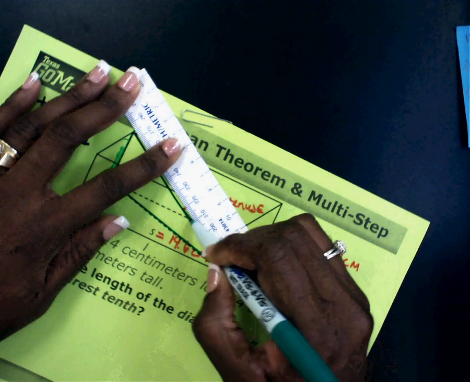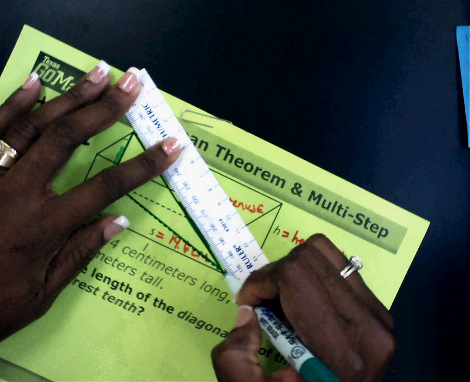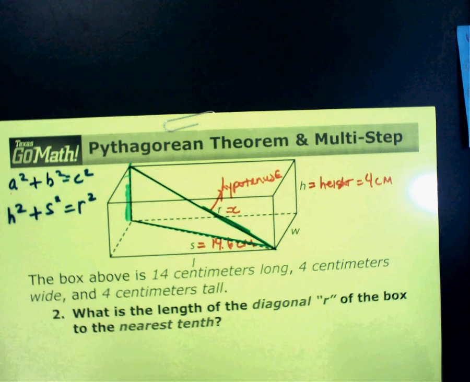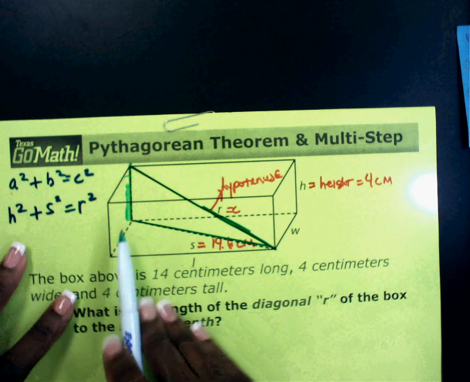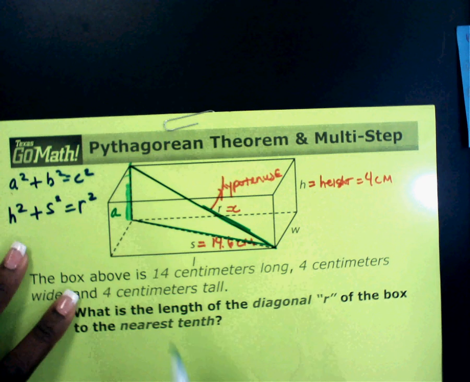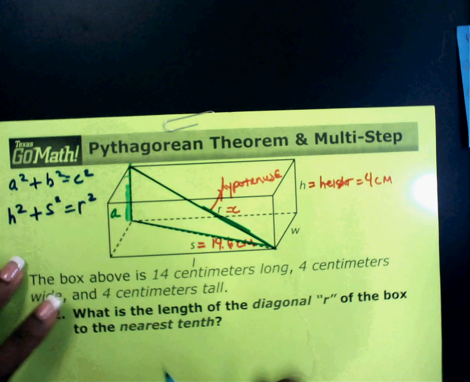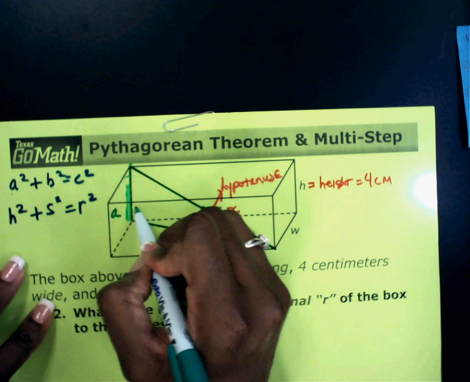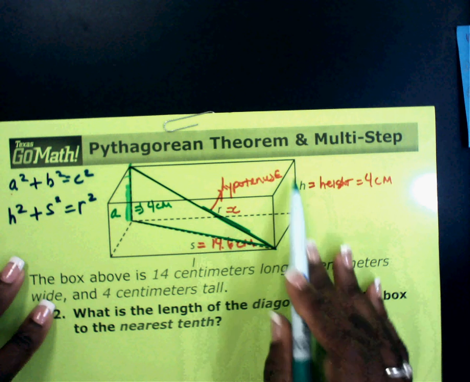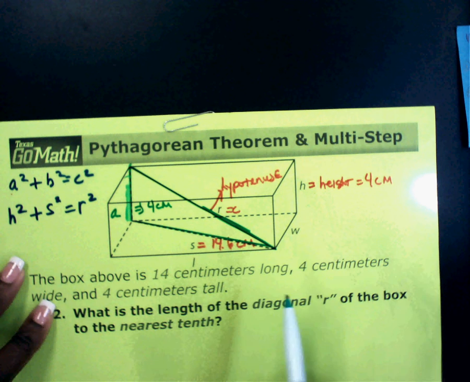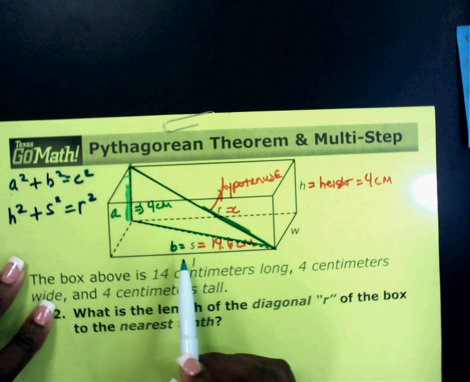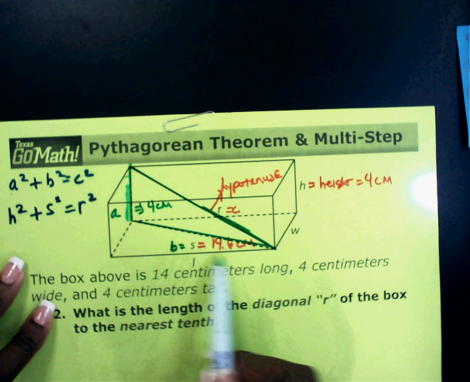Made a little faux pas, but that's okay. So we know what our A is, which is our height. Our height, or our A, is 4 centimeters, which is the same on this side of the rectangular prism. We know what our B is, so I'll put B equals S, which is 14 and 6/10 centimeters.